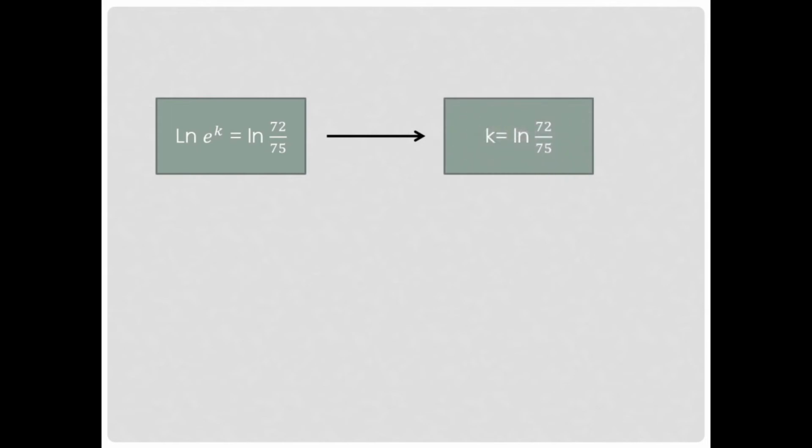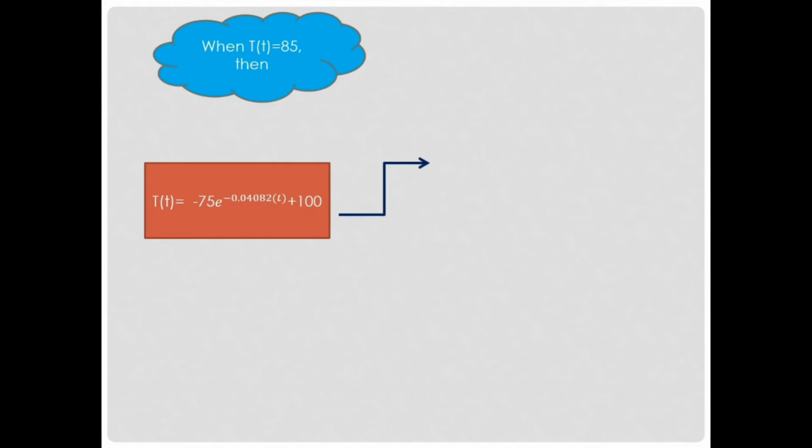So we cancel ln and exponent and maintain k, and k equals ln 72 over 75, and we get the value of k, which is negative 0.0408.